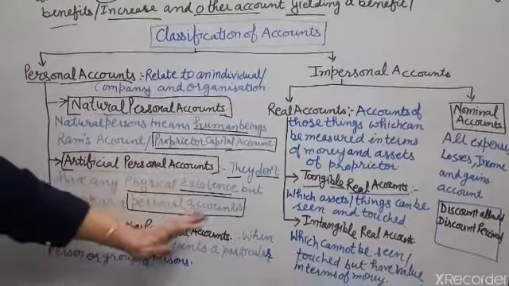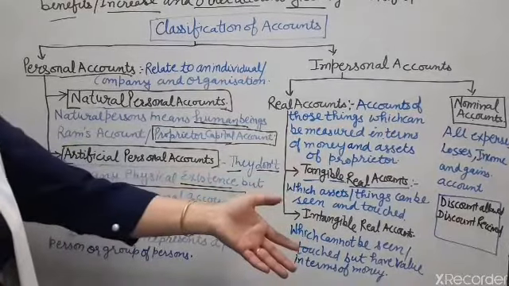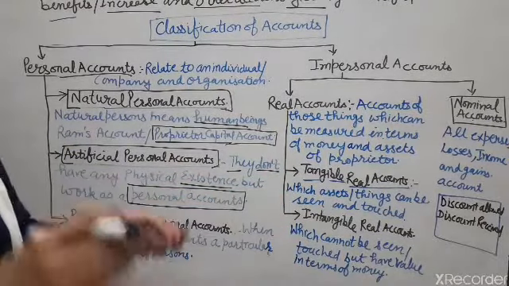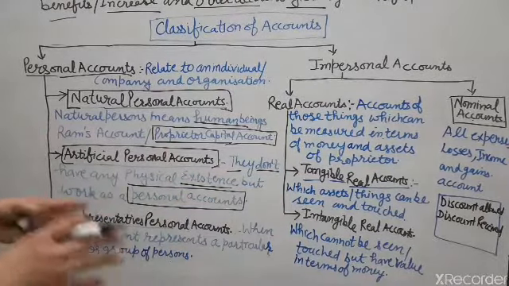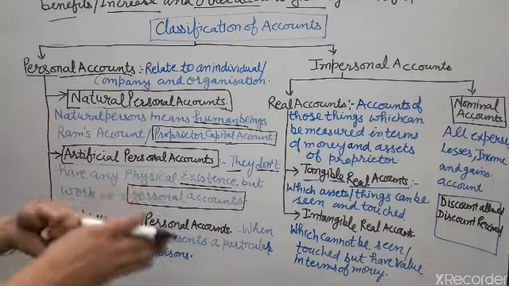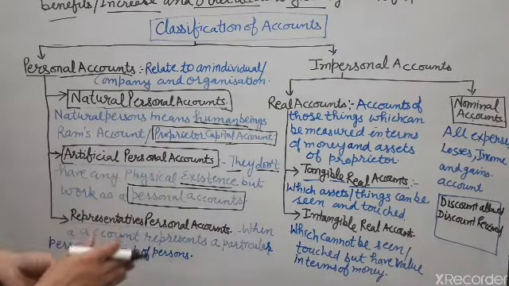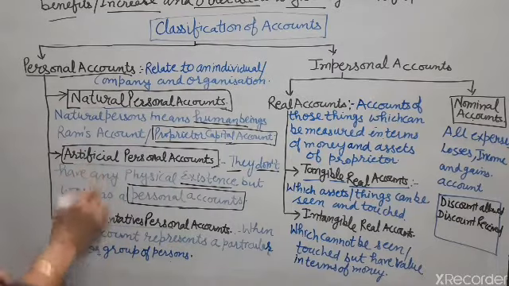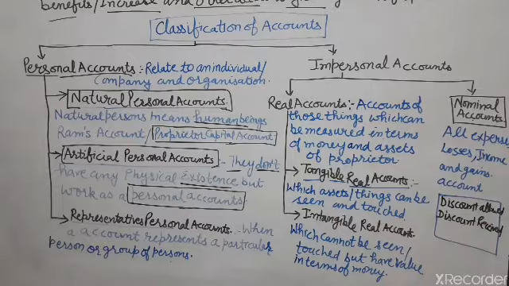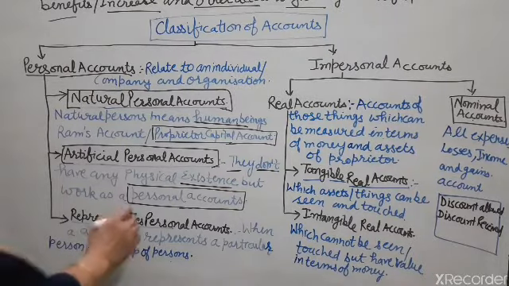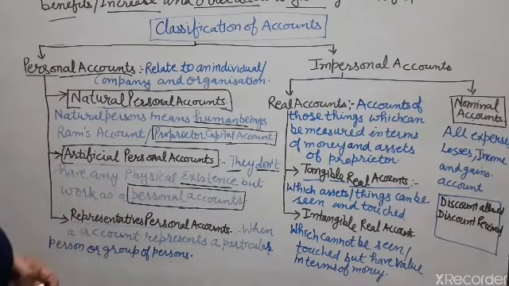They are created by human beings, not by themselves. All these organizations are set up by human beings, so they are called artificial personal accounts. All the names of organizations, insurance companies, and clubs are included in artificial personal accounts.